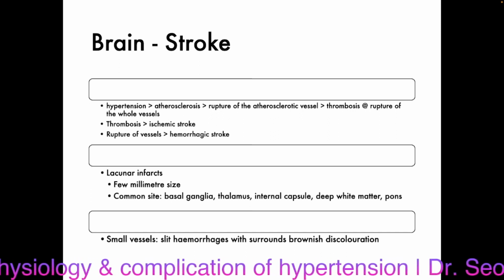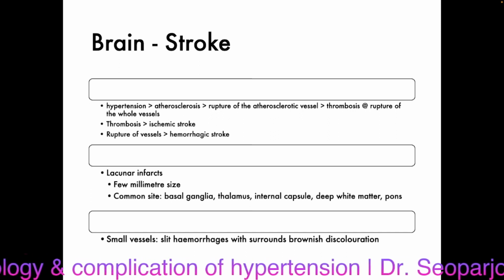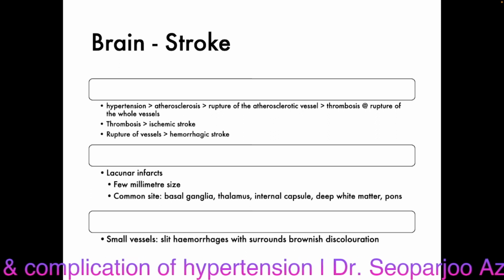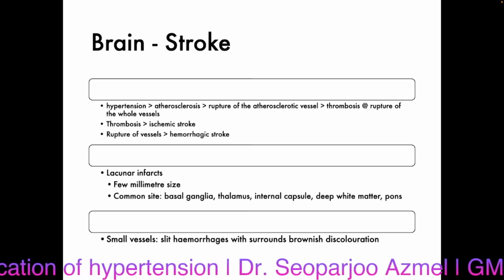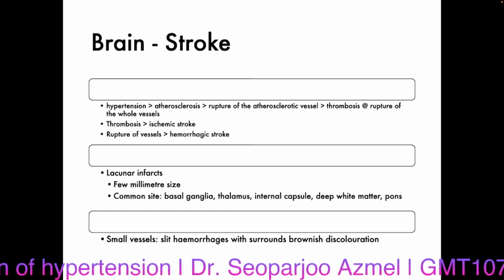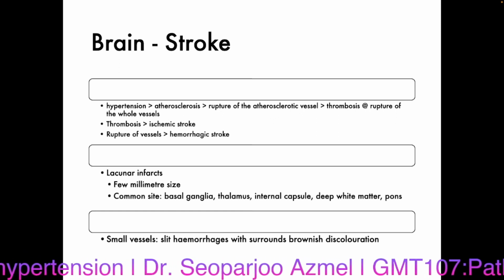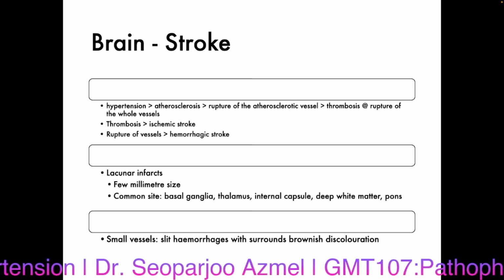Sometimes in small vessels we can see slit hemorrhages with surrounding brownish discoloration. These are small hemorrhages that can also occur in the brain of patients with hypertension.